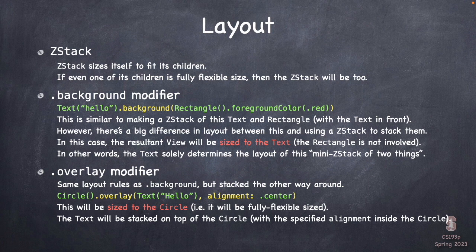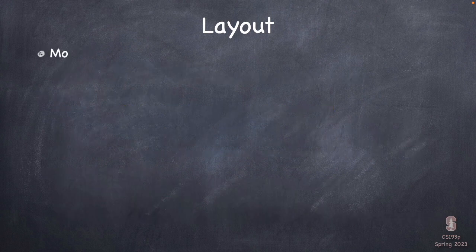Now, in these cases where you have an overlay and you got that text in there, obviously it could be in the center, but you might also want it leading aligned or top aligned or whatever. So this also has an alignment that lets you say where you want it if the thing that's determining the size is bigger than you. Background and overlay, very simple. Two-man Z-stacks, where one is in charge of the sizing. Whereas with a Z-stack, it's always the largest of the ones in the stack.